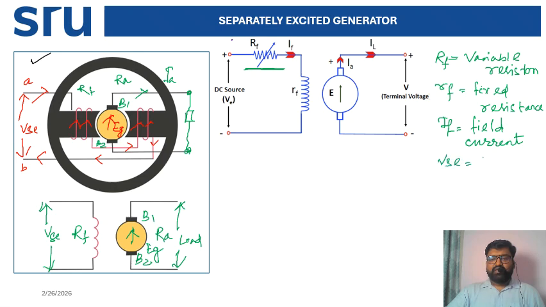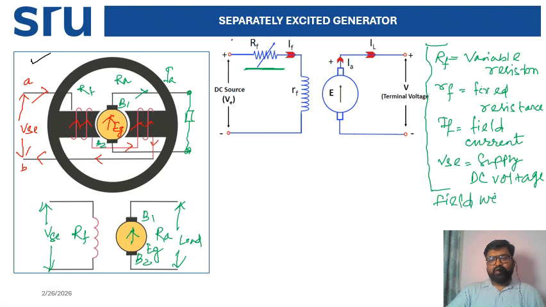VAC is your supply DC voltage. This part is over, this is the field winding part. Don't confuse.